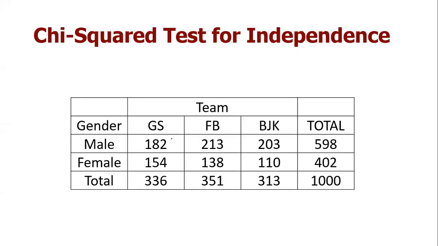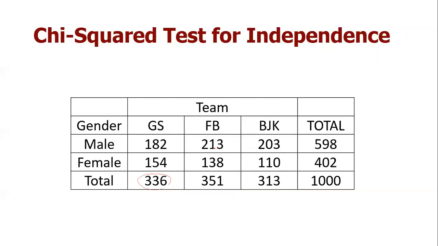So we have this table. There are 336 Galatasaray fans, 351 Fenerbahçe, 313 Beşiktaş. So a total of 1,000 people are questioned, let's say. Among Galatasaray fans, 182 of them are male, 154 of them are female, and so on.